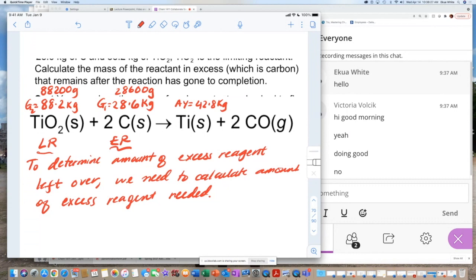So since we're trying to figure out how much of the excess reagent is needed, we make this the wanted, because the wanted is the one we literally want information on. We're trying to figure out how much of the excess reagent did we need from what was available if all of the titanium 4 oxide reacted. So this would be our wanted, and then this will be our given.